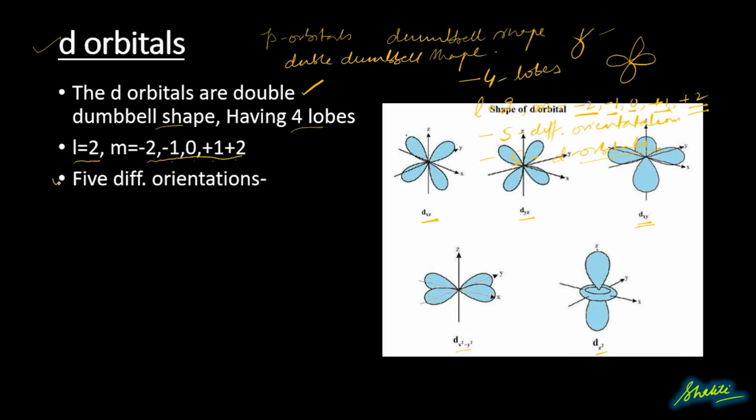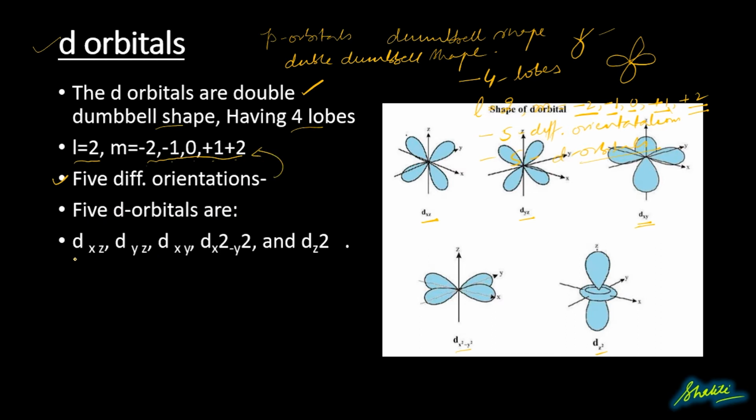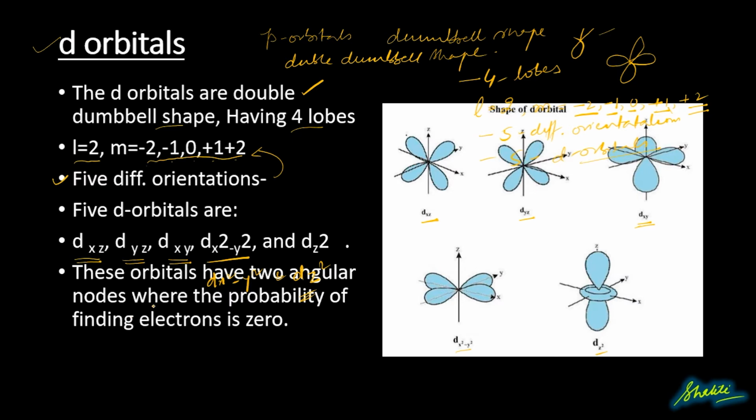The 5 d orbitals are dxz, dyz, dxy, dx square minus y square, and finally dz square. These orbitals have 2 angular nodes where the probability of finding electrons is 0.